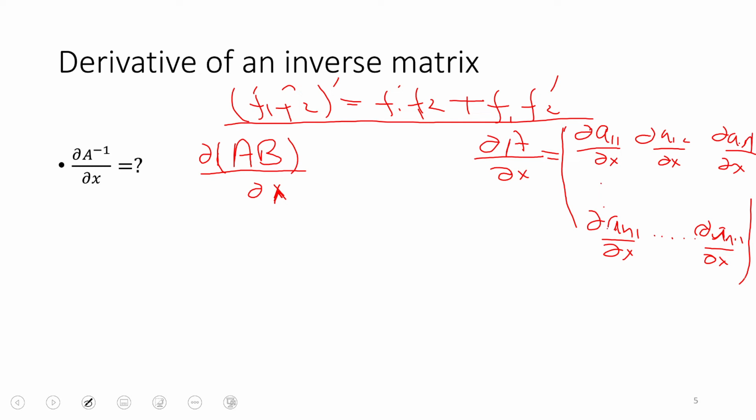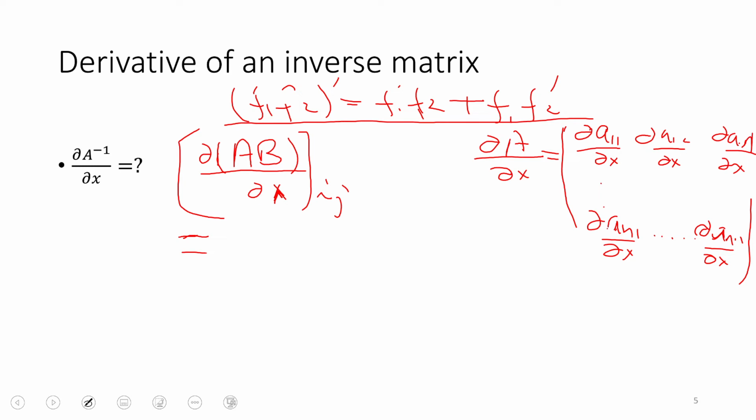So what is the partial of AB with respect to x? We try to find the ij element of this. The ij element is actually the product of AB at the ith row and jth column.